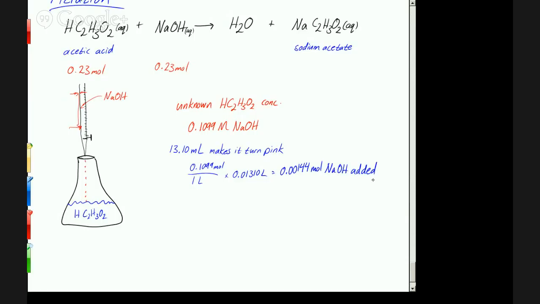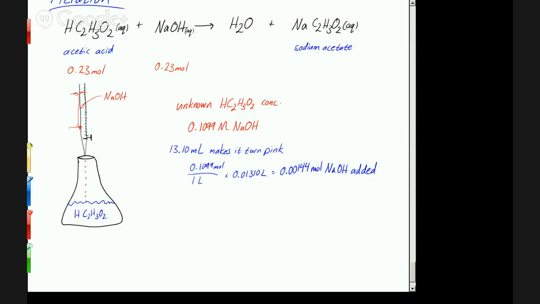That means we've added exactly 0.00144 moles of sodium hydroxide. So there it comes from. We have a known concentration, and we know how much of it we used. So we know exactly how many moles of sodium hydroxide we added to neutralize the solution.